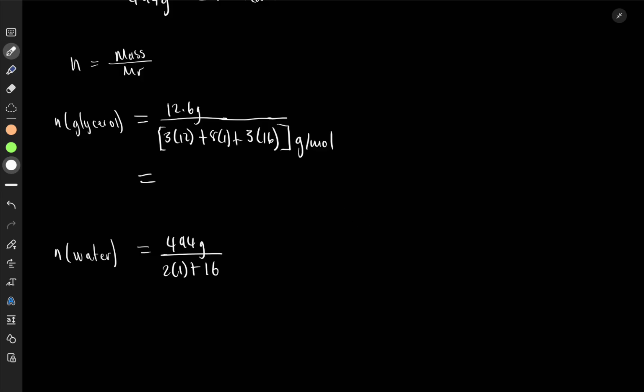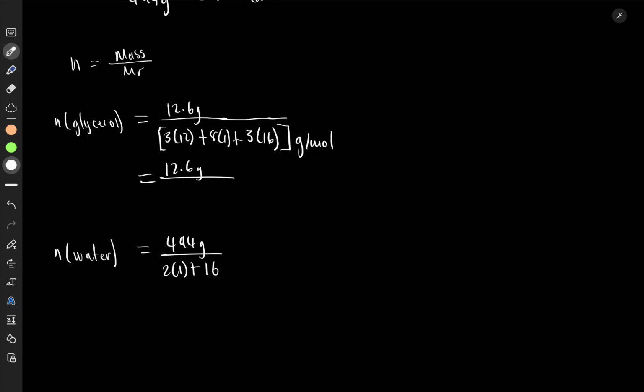So either way, let's get the values now. So I would have this as 12.6 grams over, we can put the total if you want. So it's going to be 12 by 3, okay? And then plus, open bracket, 8 times 1, which is just 8, okay?